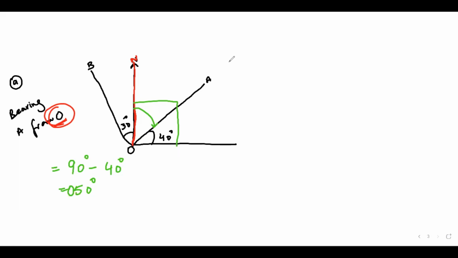Okay, if I want the same figure and they ask you to find the bearing of B from O, again look at this. I will start with this blue color. This is my same north, but I have to go from here, start moving, and go to this line. If you see, this whole rotation is 360.